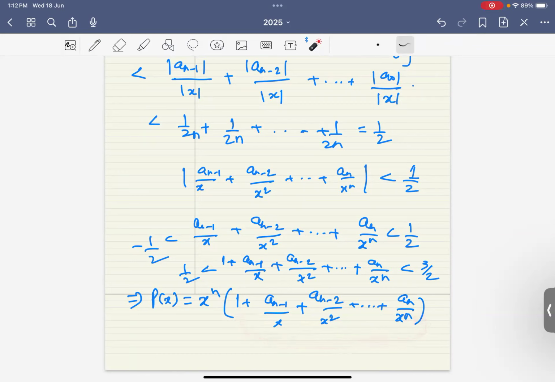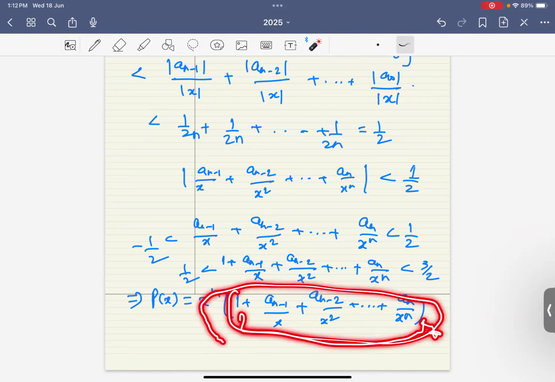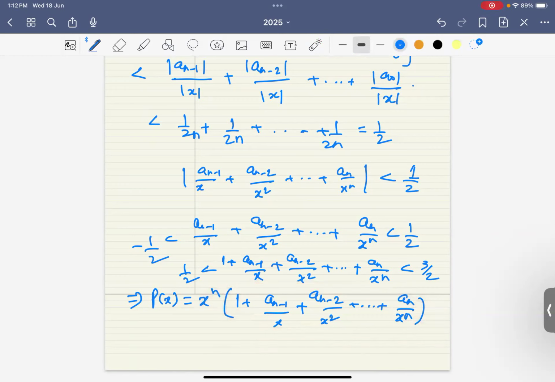If this number lies between 1 by 2 and 3 by 2, then it is indeed positive.